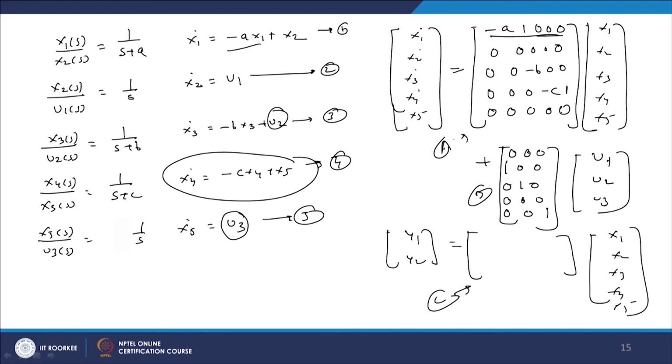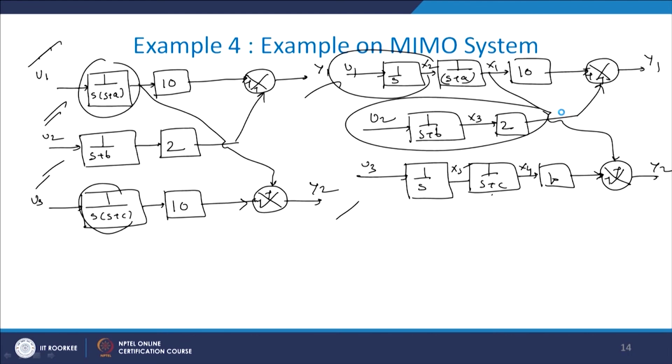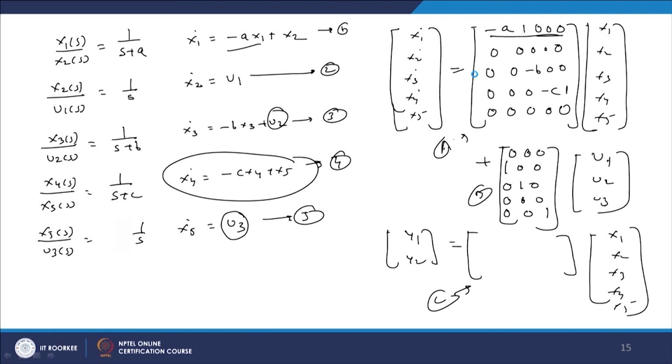Now coming to the outputs y1 and y2. You want to see that y1 equals 10 x1 plus x3, then about y2, see here, corresponding to x1 and x4. So, we write down the equation for y1 and y2.